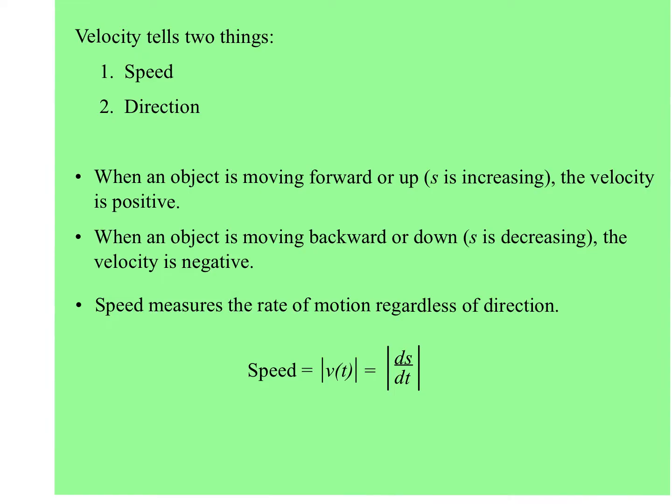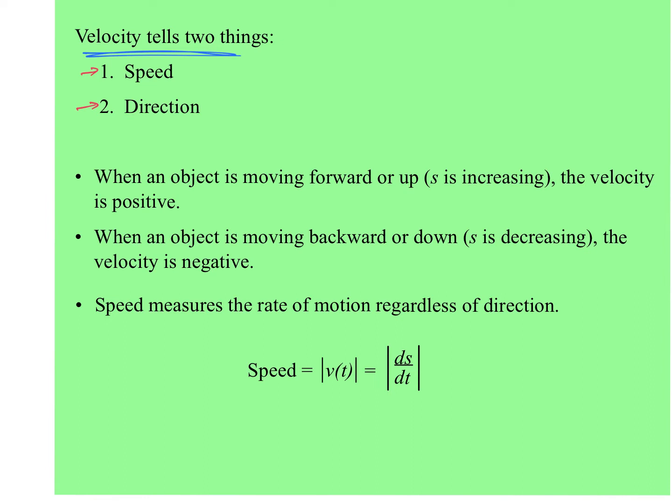We're moving. So I want you to write these things down. Velocity tells you two things. It tells you speed and it tells you direction. If my velocity is positive, I move forward or I move up. If my velocity is negative, I move down or left or backwards or something like that.